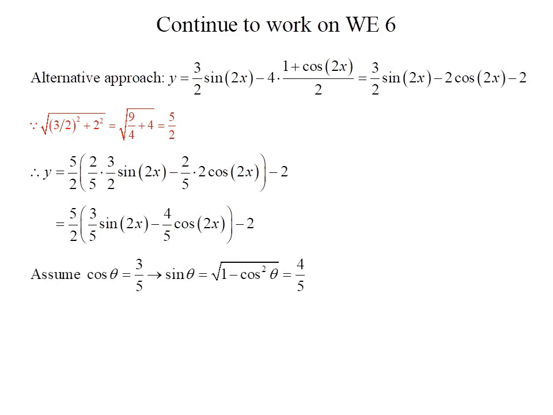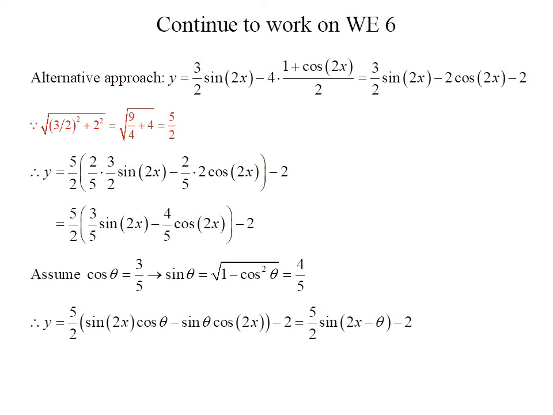At this point, we assume cosine theta equals 3 over 5 and accordingly sine theta equals 4 over 5. Hence, the function equals 5 over 2 multiplies open bracket sine 2x cosine theta minus cosine 2x sine theta close bracket minus 2, which equals 5 over 2 times sine 2x minus theta minus 2.